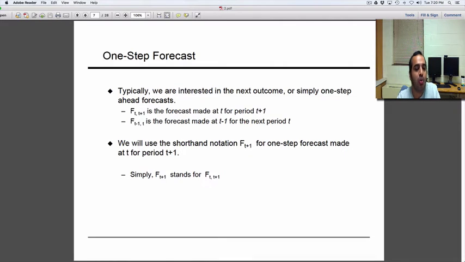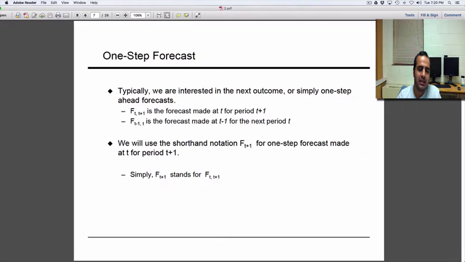In other words, F_T+1 stands for F_T,T+1, because we are assuming it's only a 1-step forecast for the time being.